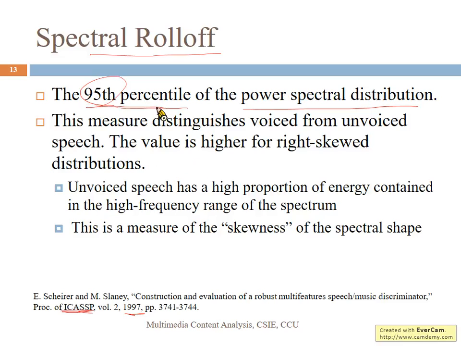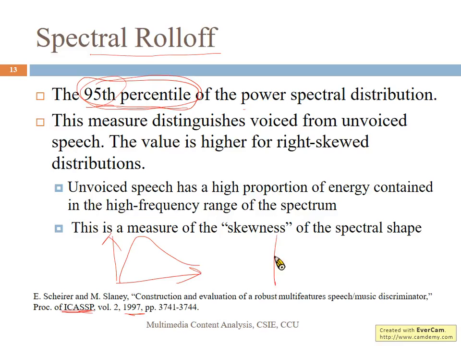So what is the 95th percentile? We just compare two distributions. The first distribution is like this. The second distribution is like this. The so-called spectral rolloff is where we accumulate the energy until we reach 95% of the total power.